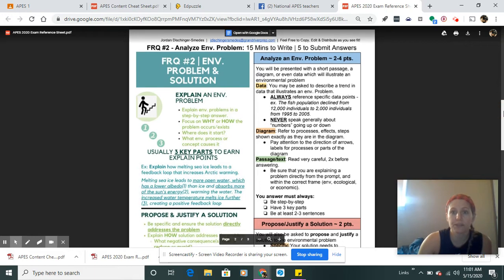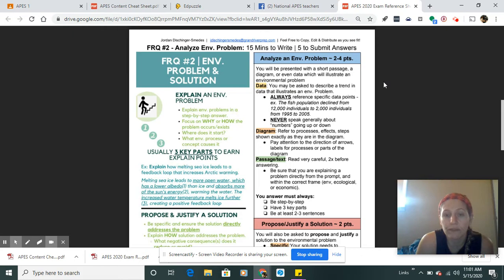For that, you'll be presented with a short passage, a diagram, or even data which illustrate an environmental problem. You may be asked to describe a trend in the data that illustrates the problem. So always reference data points. If you have just data in a table, or if they give you a graph or diagram, be specific to where you're looking at it.